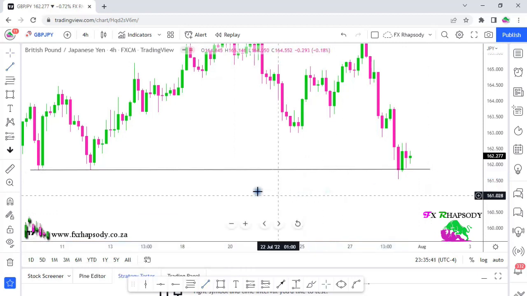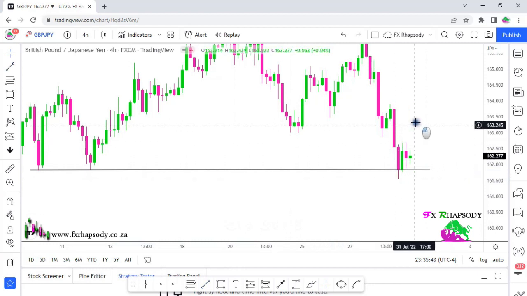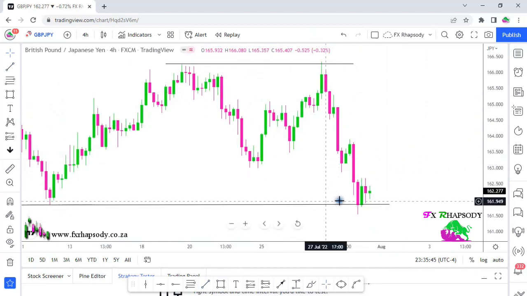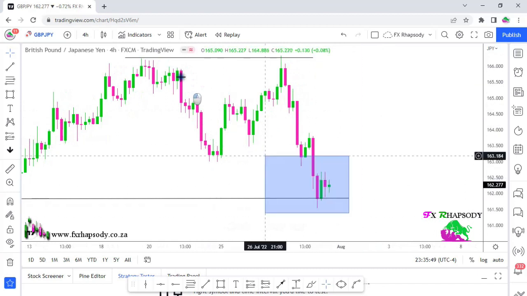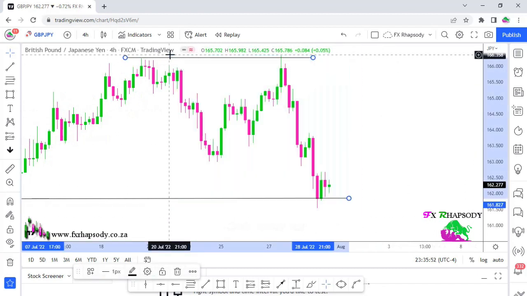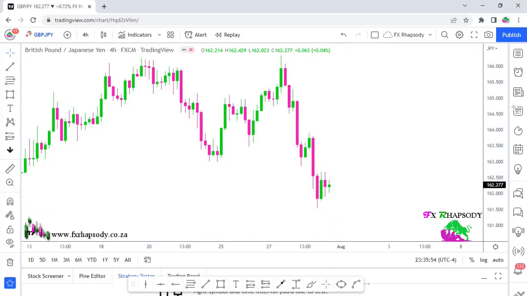Not a straight one, but you can see previous lows. So highs, lows being taken out, and price still just inside this area. So we're looking for some kind of a break of, let's call it, structure, and see where price is going to be heading. Again, just consolidating.